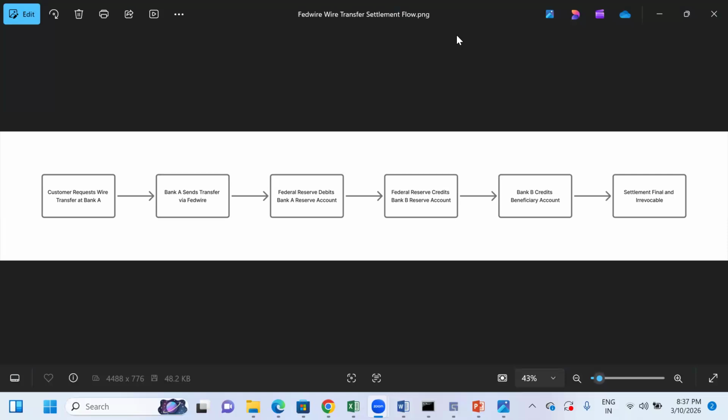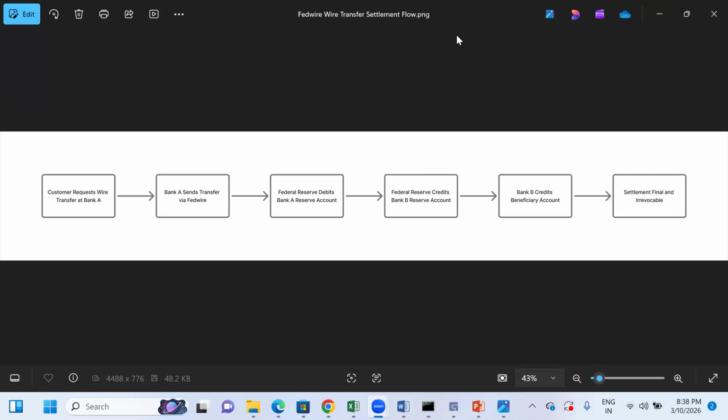Again, I'm repeating. The first is initiation, where the bank initiates the transfer request through Fedwire, because Fedwire is a third party RTGS platform, where they update all the necessary beneficiary details. Now the Federal Reserve checks whether the message structure and syntax are proper, and whether the sender has sufficient funds.